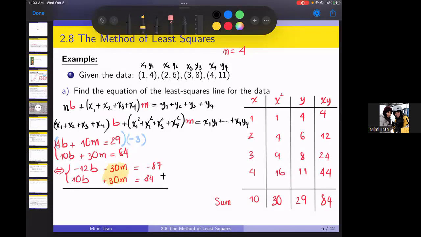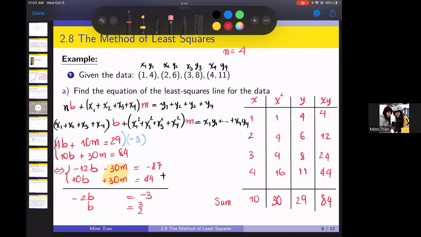Not something wrong. -12 plus 10, that's minus 2b, equal what? Equal -3. Divide both sides by 2. b equal 3/2 or 1.5. Whichever one you can do, 1.5 or 3/2.